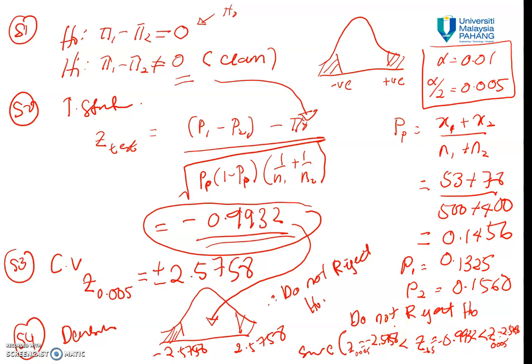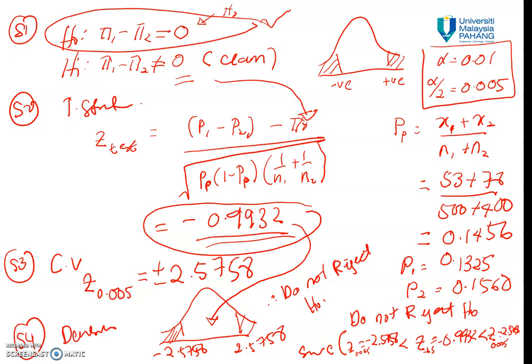This is how you write it. So clear, step number 4. Step number 4 is do not reject H null. So here you take it.